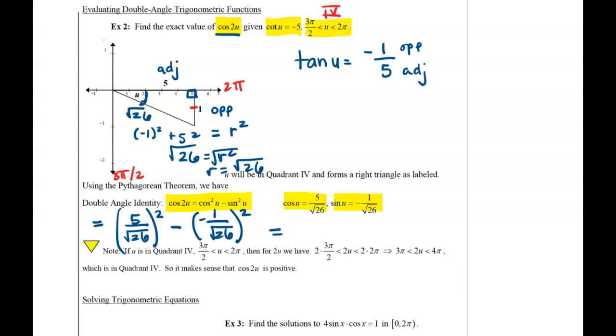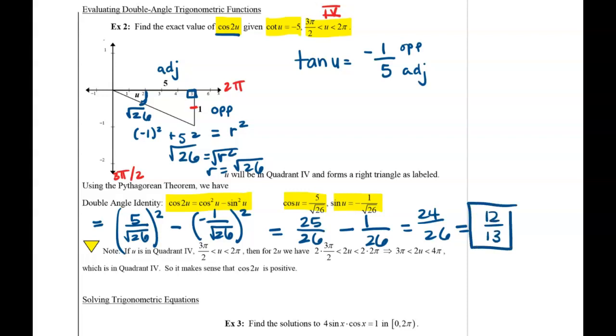So when we square those, we're going to get 5 squared is 25, and root 26 squared is simply 26. Oh, there's not a subtraction though. It's a subtraction, not an equal sign. So subtract negative 1 squared is 1, and root 26 squared is 26. And now I have 24 over 26, which is equal to 12 over 13.